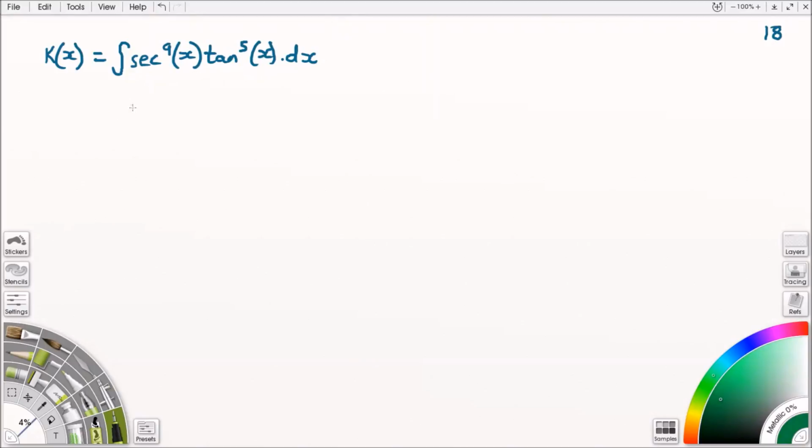Now, when integrating this today, my first thought whenever going into a question that has a multiplication and has powers, especially when it comes to trigonometric functions, is u substitution.